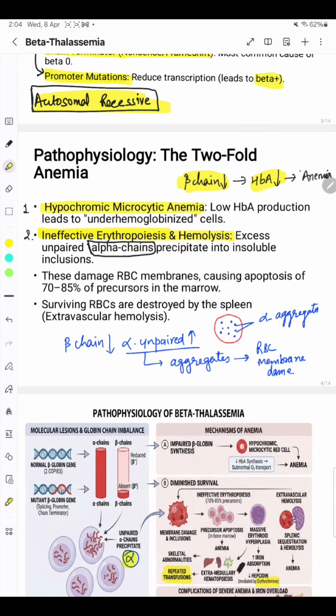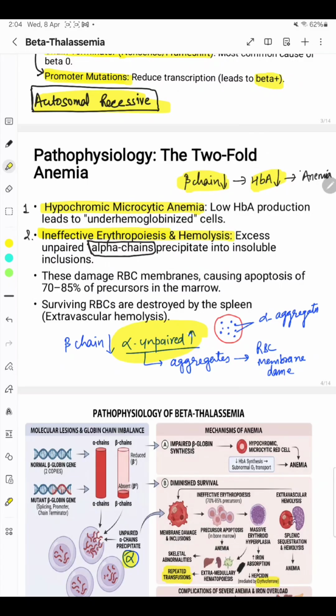Mainly microcytic hypochromic anemia is seen in beta thalassemia. The other mechanism is due to decreased beta chain, there is increased alpha, or unpaired alpha globin chain.